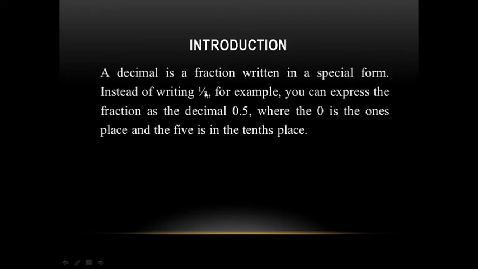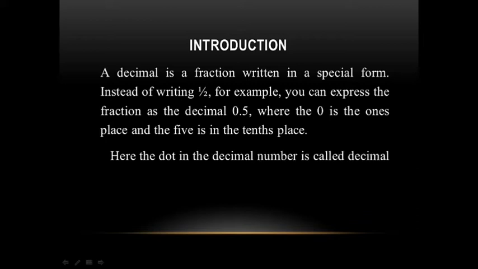This fraction can be written as 0.5, which is the form of decimal number, where 0 is the ones place and the 5 is in the 10th place. So here the dot in the decimal number is called a decimal point. So here the dot is given between 0 and 5. That dot is called as a decimal point.